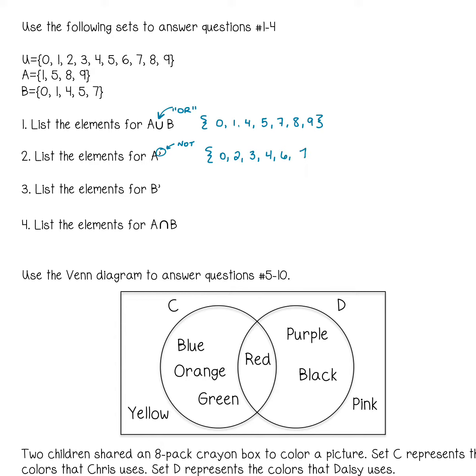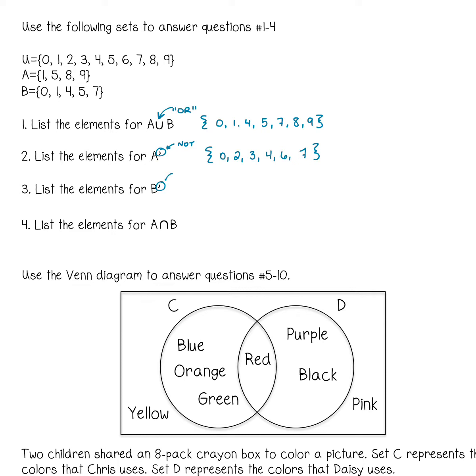And 7 is in our universal. So these are all the numbers that were in our 3 sets, in universal and set B, but it could not be 1, 5, 8, or 9. Remember, the complement means not.